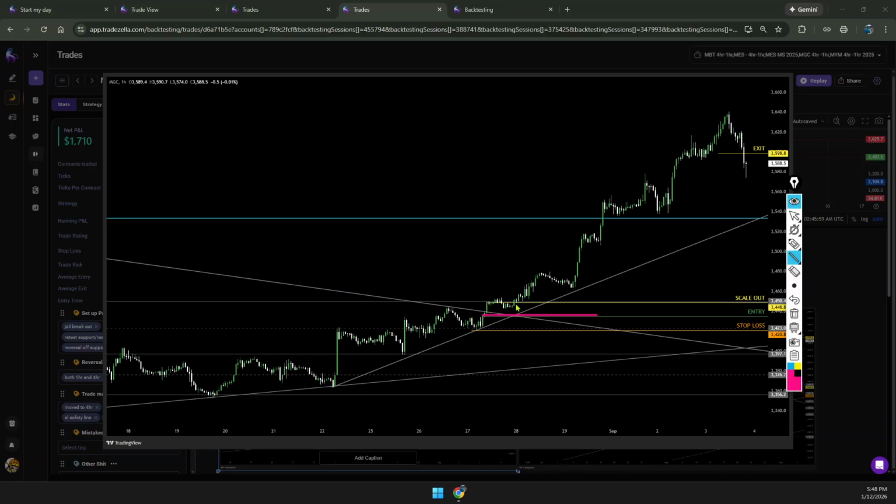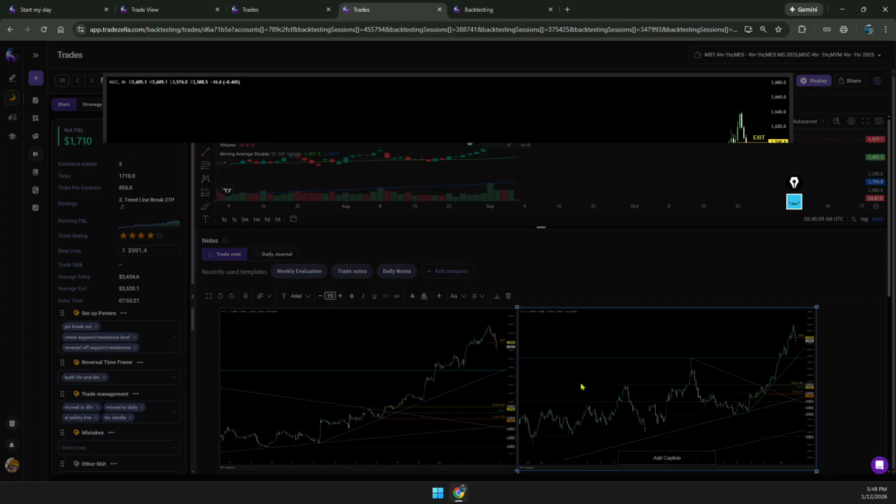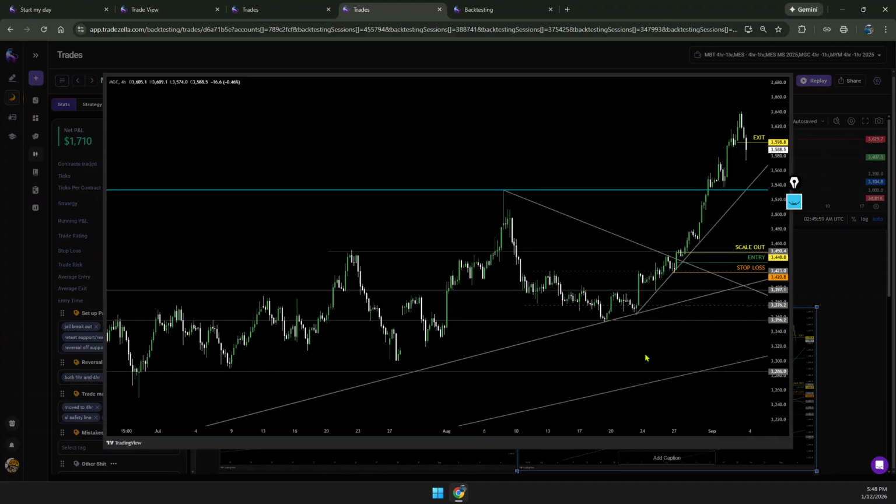Now I don't have anything, but we start breaking this. We broke this candle here, broke the support level. So I'm probably going to put my stop right here underneath that one. And it was at this point on this particular trade that I jumped up to the 4-hour time frame.